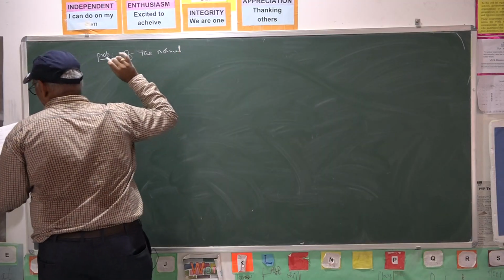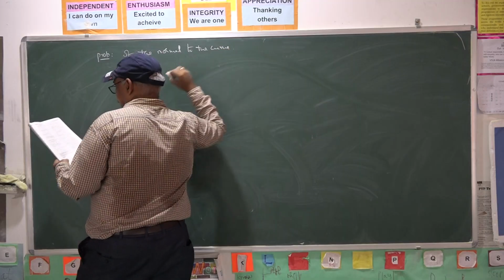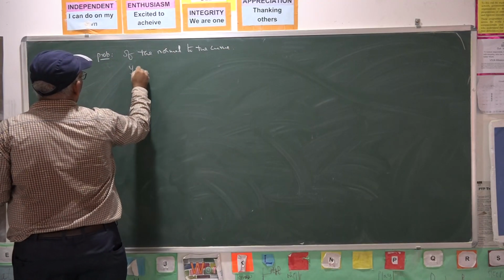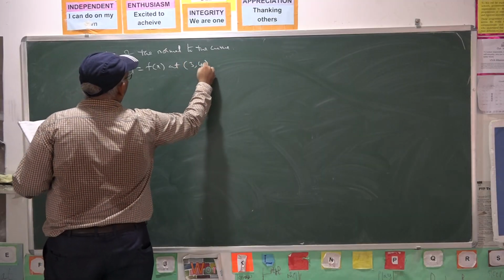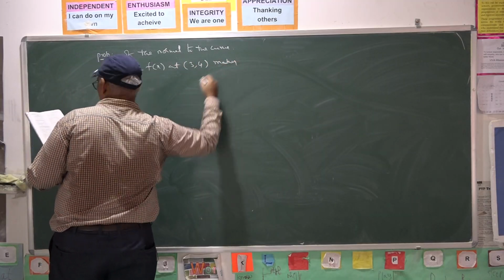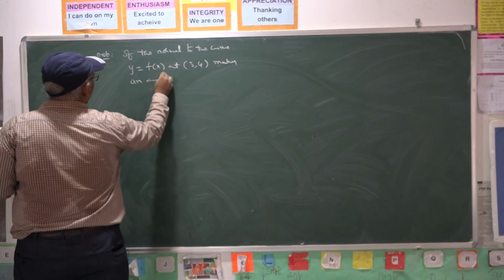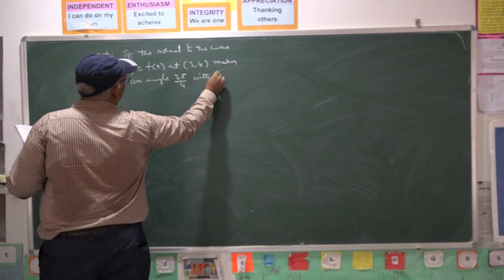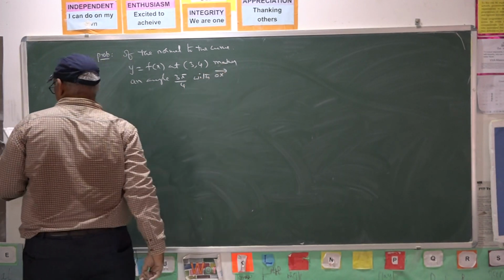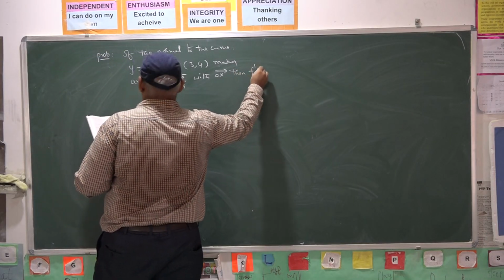If the normal to the curve y equal to f of x at 3, 4 makes an angle 3 pi by 4 with positive direction of x-axis, then f dash of 3.